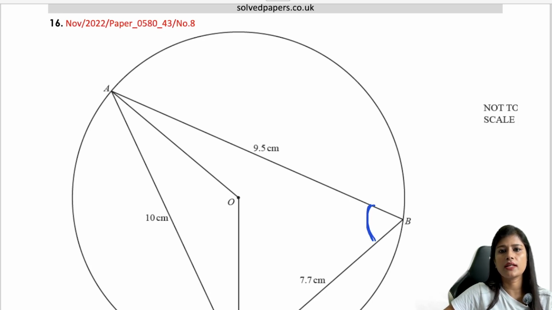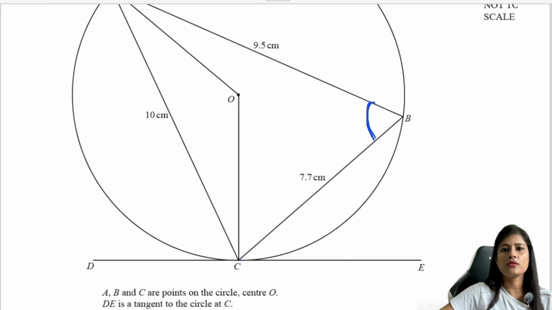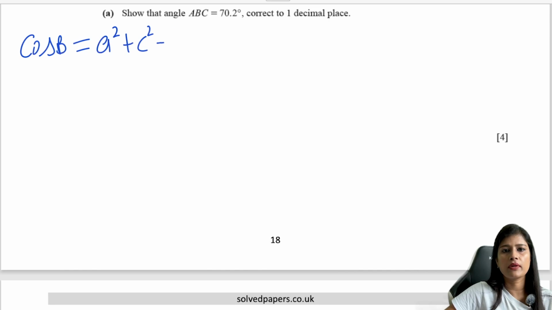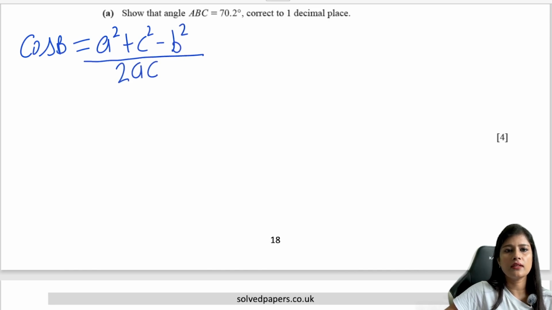So all three sides are given to you. I can use cosine rule for this one. This one is small c, this one is small b, and this one is small a. So if I use cos rule, cos b will be a square plus c square minus b square divided by 2ac.